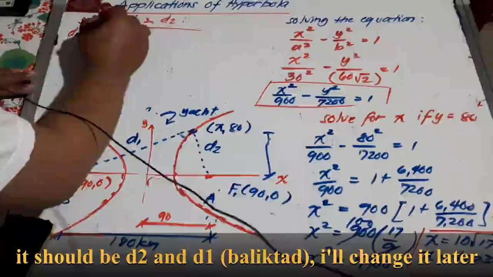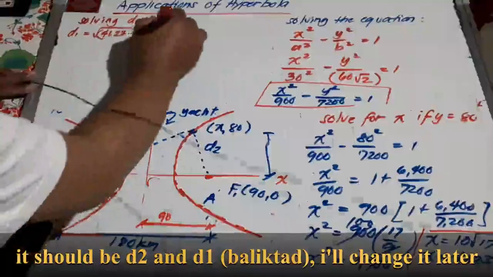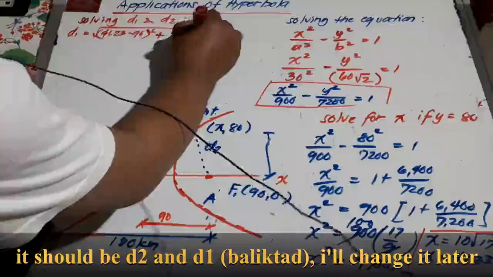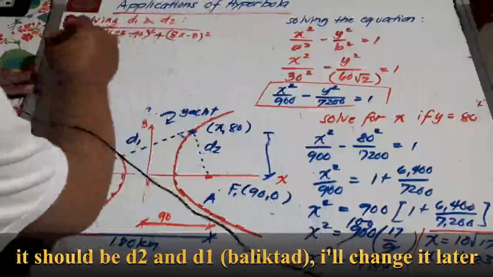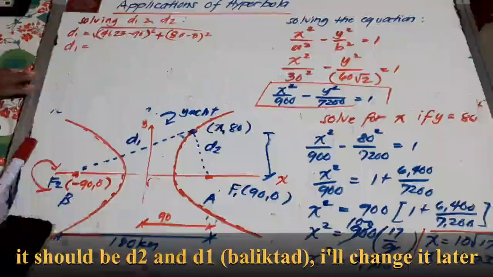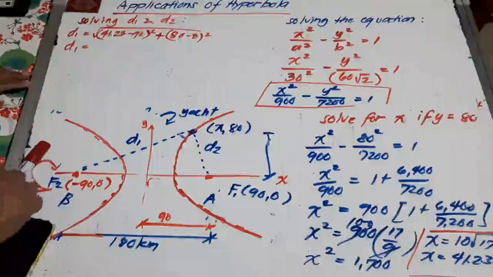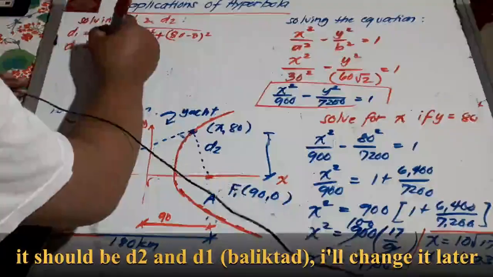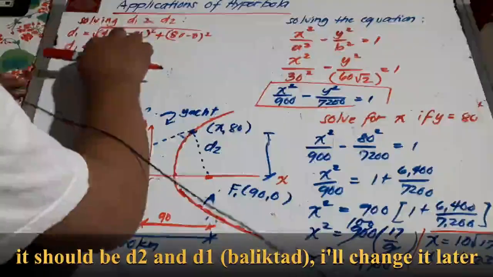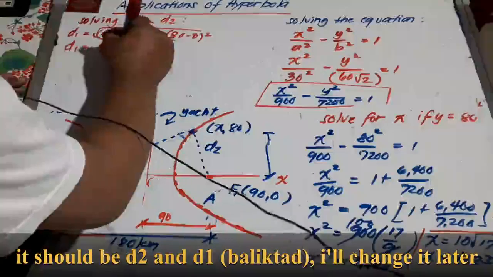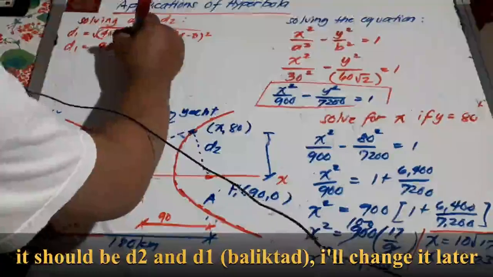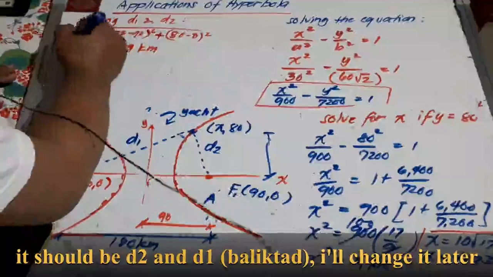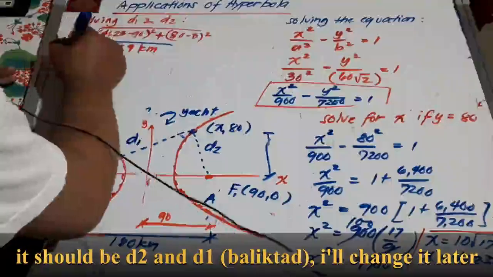squared, plus 80 minus 0 squared, which is 93.69 kilometers. Okay.